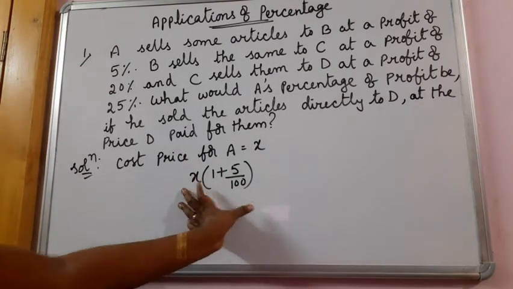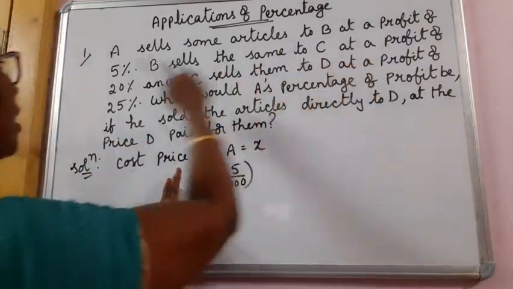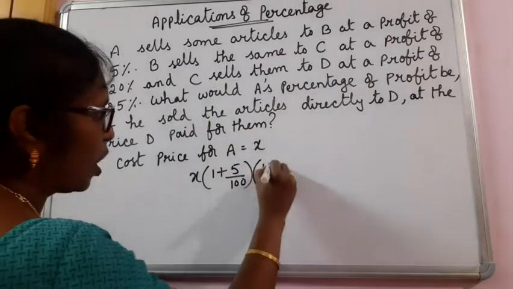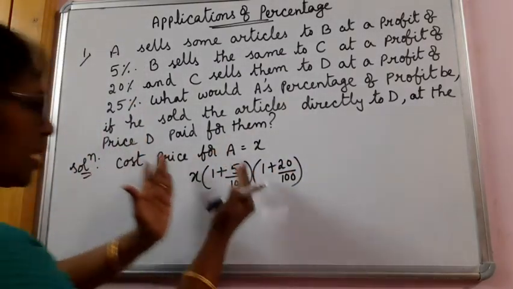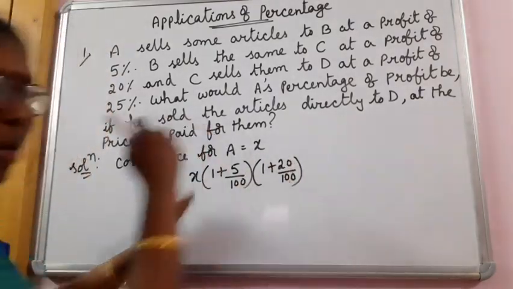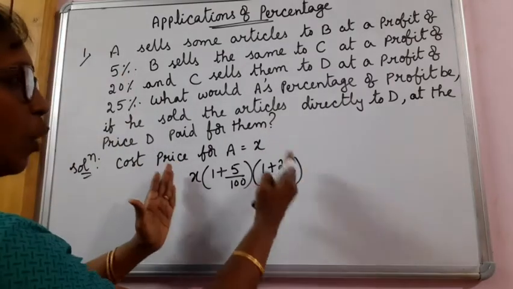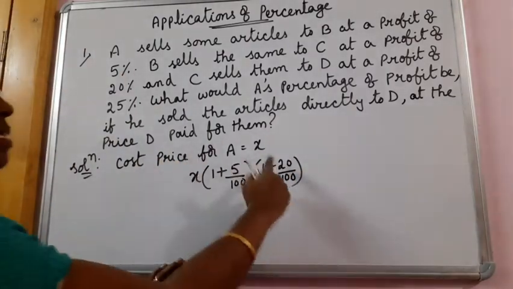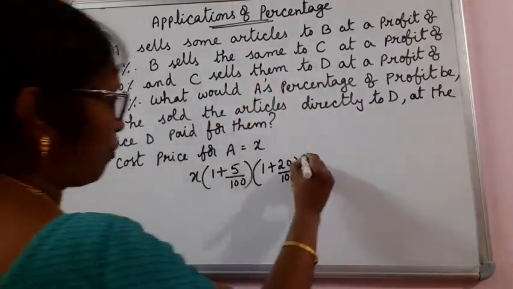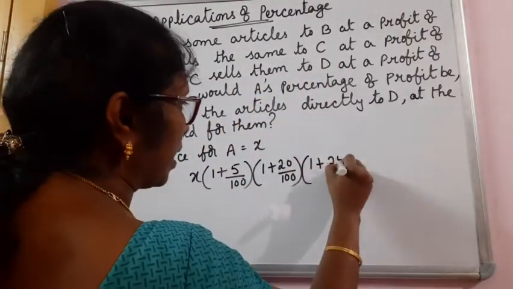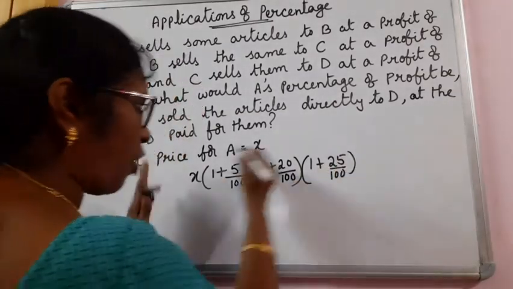B sells to C at a profit of 20%. So B's selling price will be B's cost price into 1 plus 20 by 100. This is the selling price of B and the cost price of C. And C sells to D at a profit of 25%. So this is the cost price of C, and profit is 25% of this.